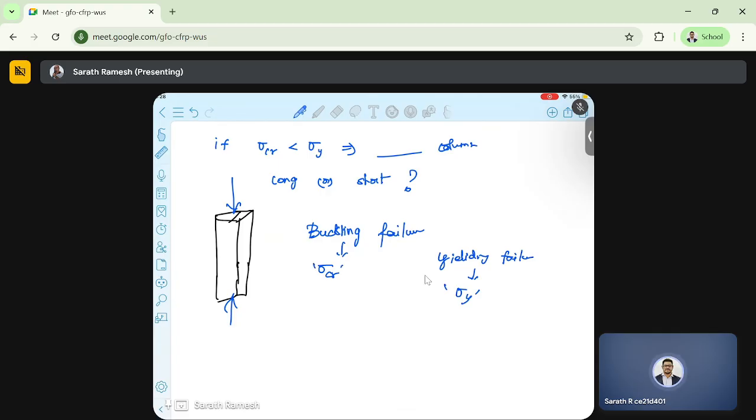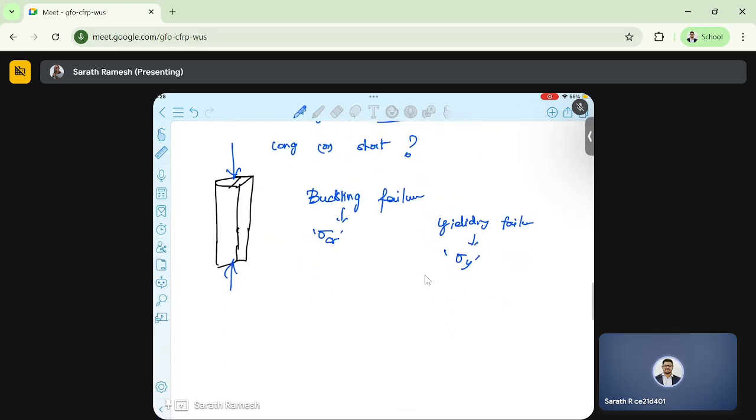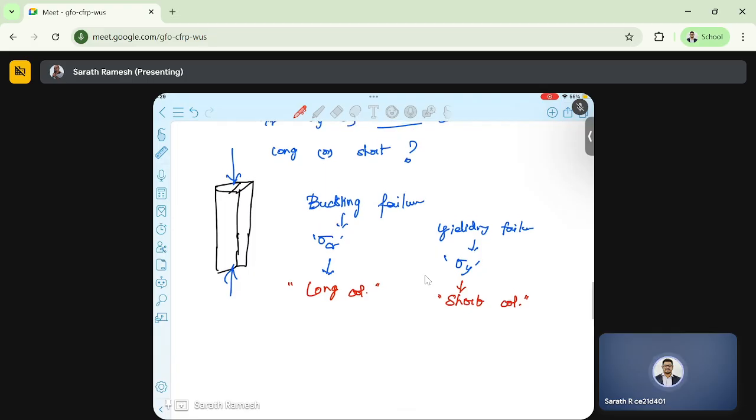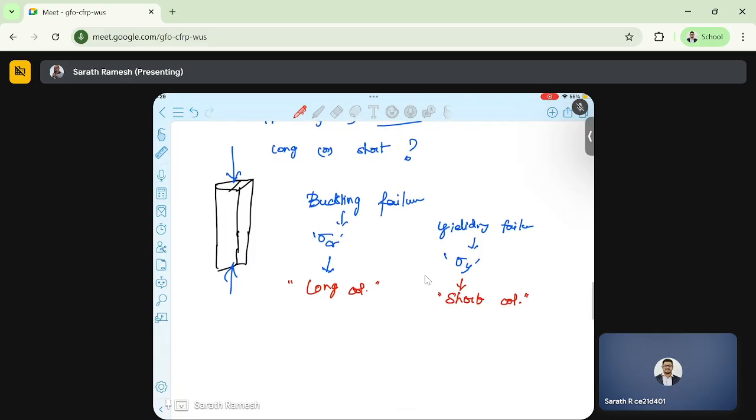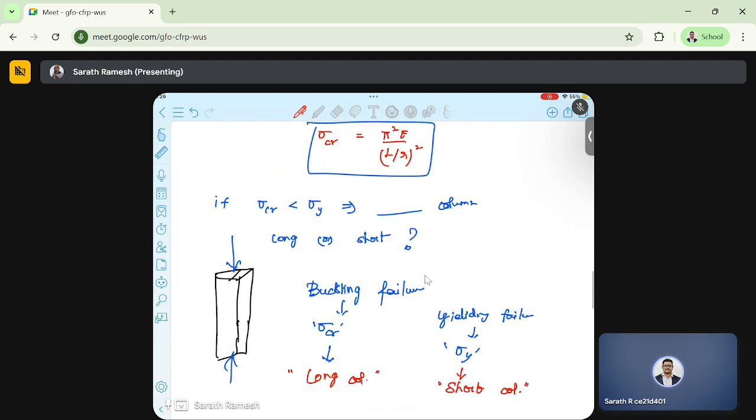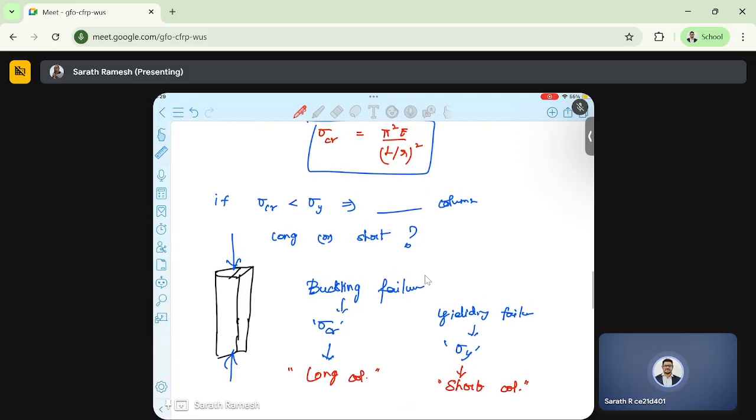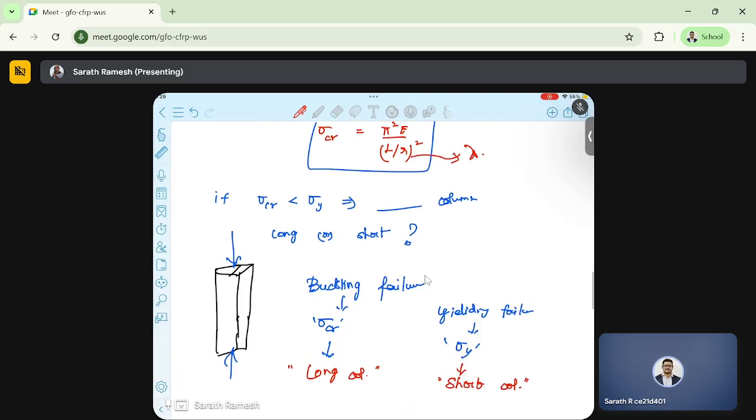Now, the question which I asked you is, by the way, if a column fails by buckling, we call that a long column. If a column fails by yielding, we call it a stout column or short column. Long column and short column depend on what the failure mode is. We can map this to the slenderness ratio, which is this L by r. We say lambda, the slenderness ratio.